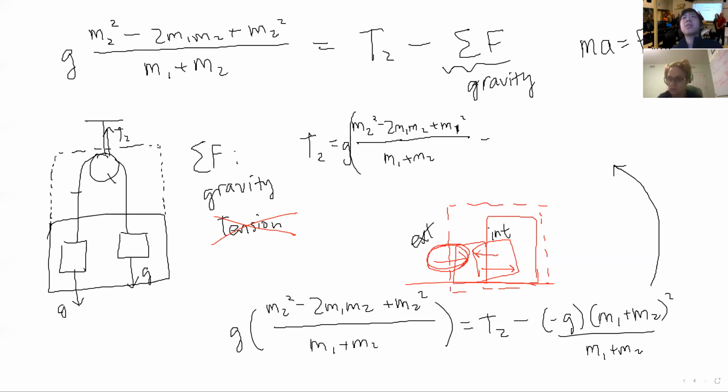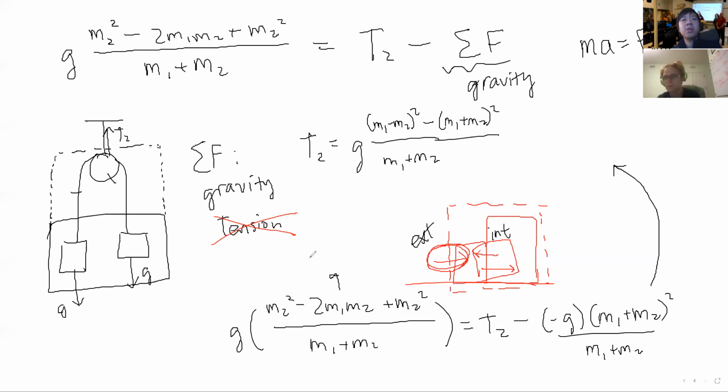Actually, that's a simpler way to do it. So g over (m1 plus m2) times (m1 minus m2) squared minus (m1 plus m2) squared, right?